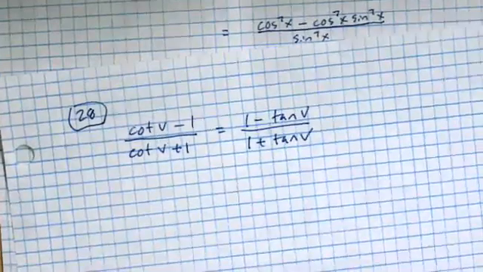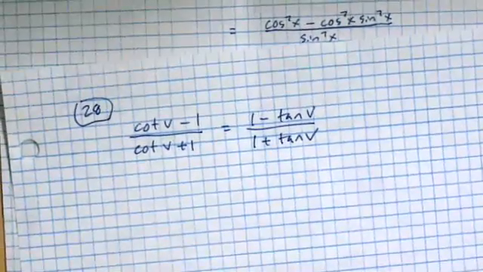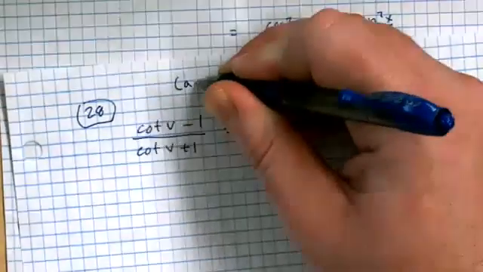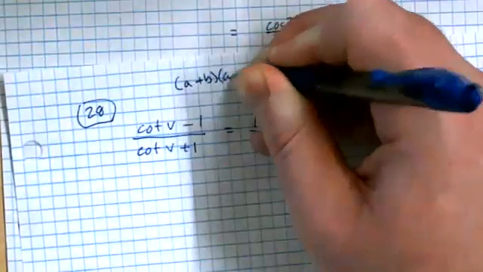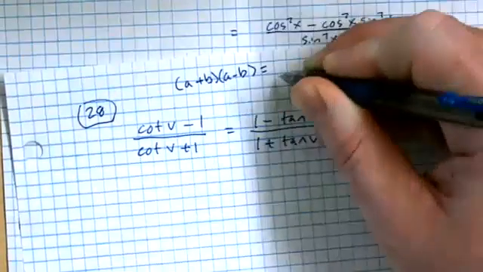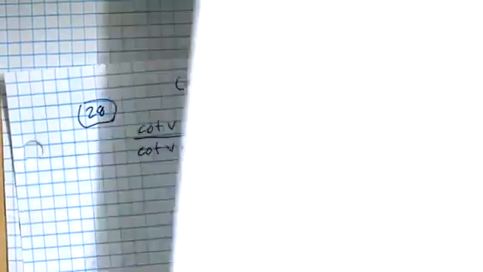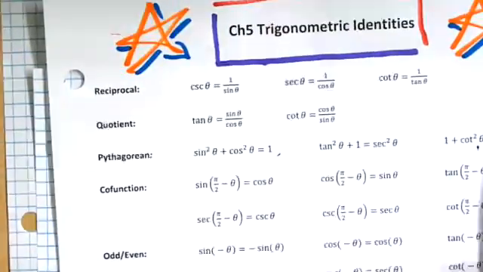So I look at this and I start thinking about, remember how we talked about how a plus b times a minus b gets you a squared minus b squared, and how we can sometimes use that to make these Pythagorean identities.